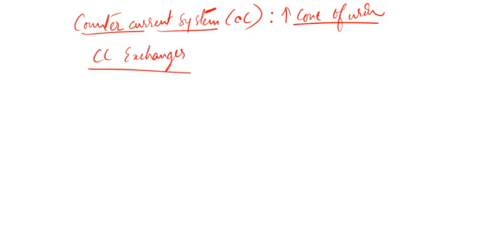It is the system which increases the concentration of urine. So you have two things, counter current exchanger and counter current multiplier.